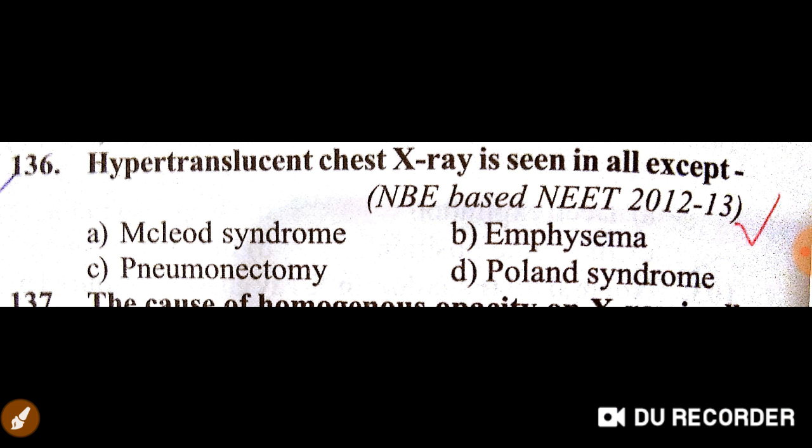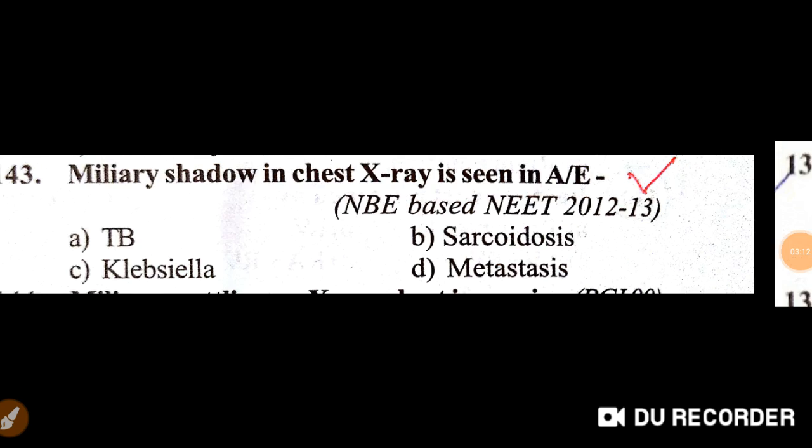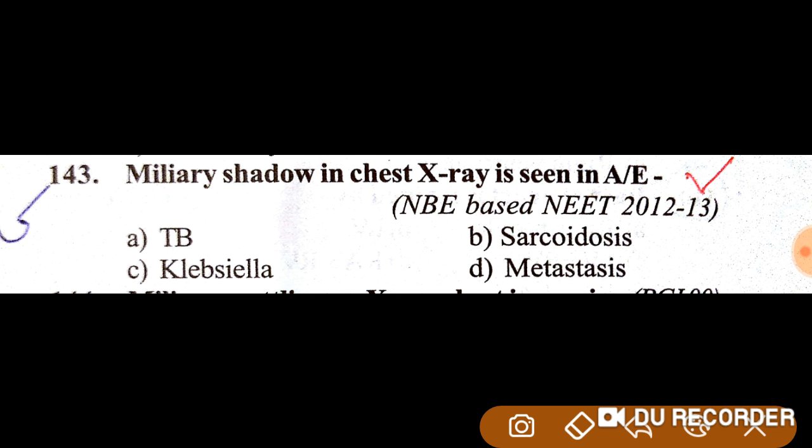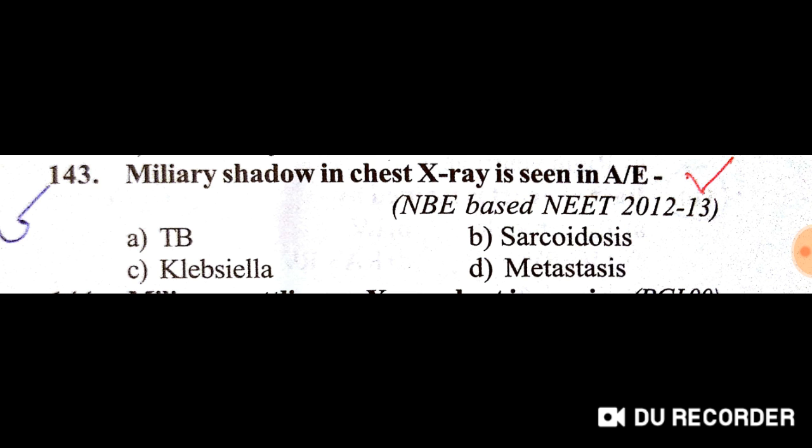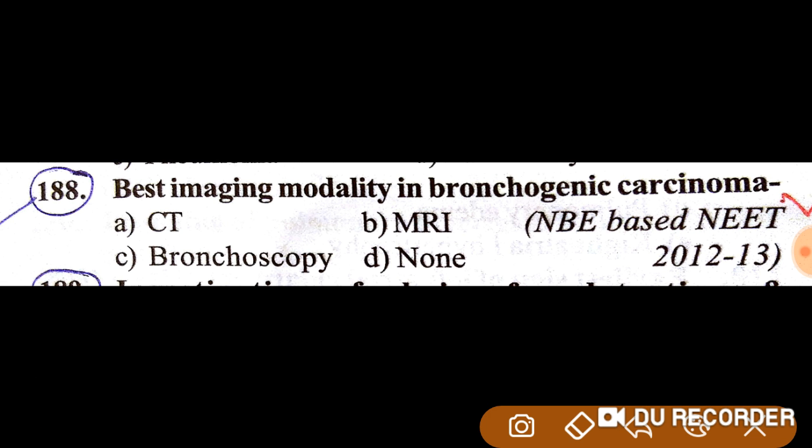It is not seen in pneumonectomy. So guys, I think it's clear for you till here now. Miliary shadow on chest x-ray is seen in all except Klebsiella, but seen in tuberculosis, sarcoidosis and metastasis. Now, the best imaging modality in bronchogenic carcinoma: always go for CT scan.